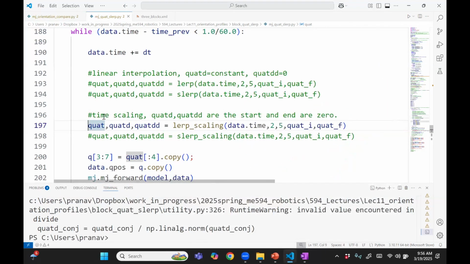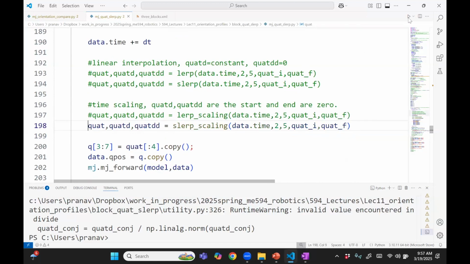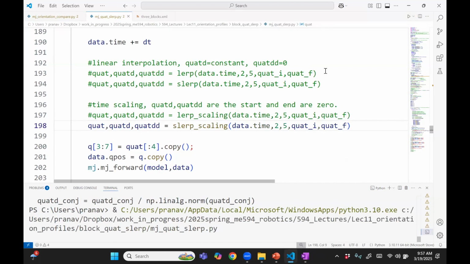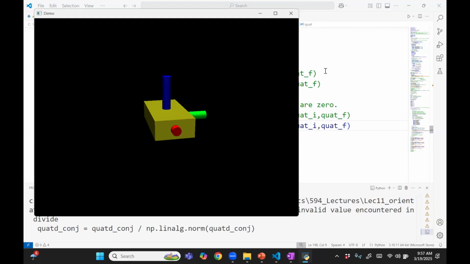Okay, and then you could also try this. I also did the same thing with SLERP scaling. There won't be much difference in this animation, but it will be almost similar to LERP actually in terms of angular velocity and angular acceleration.